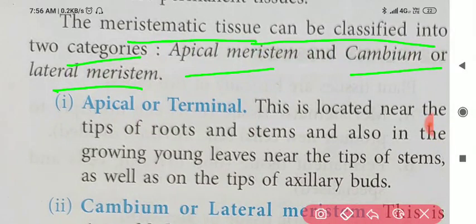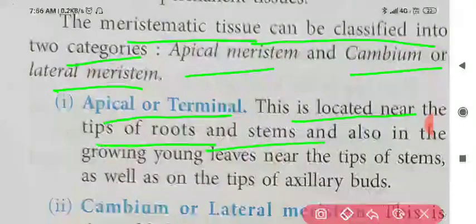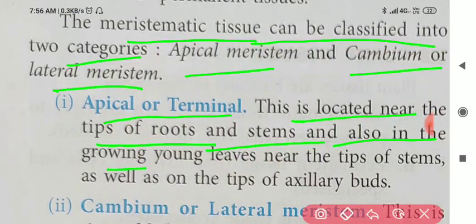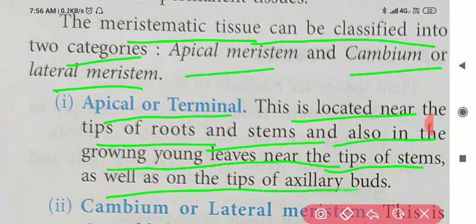Now let us see what is apical meristem. Apical or terminal meristem is located near the tip of root and stem, and also in the growing young leaves near the tip of stem, as well as on the tip of axillary buds.